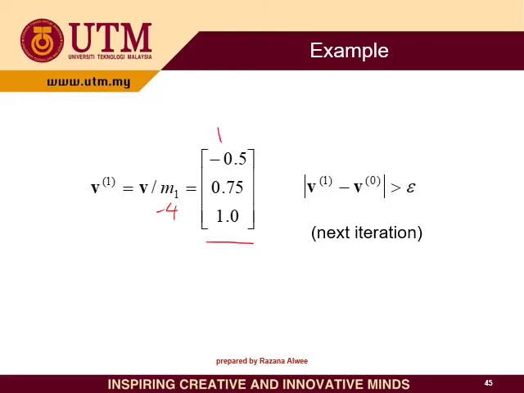So this is your V1, and you subtract your initial V and see whether it is less than the error or not. Based on our observation, V1 minus V0 is not less than our error, which is 0.001. So no, we need to do the next iteration to find our V2.